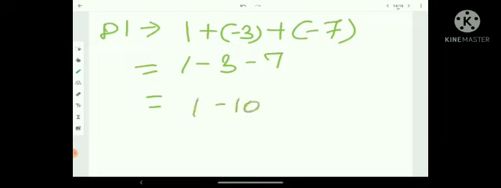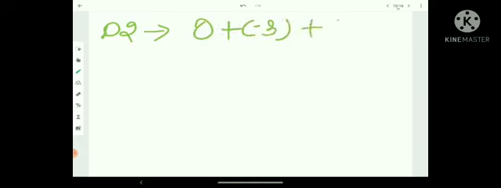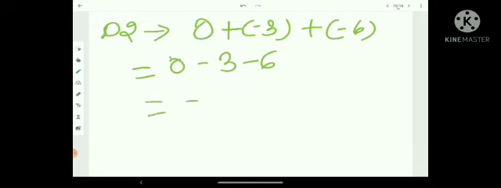So here it comes minus 9. So next diagonal 2. Diagonal 2, it is 0 plus minus 3 plus minus 6, isn't it? So 0 plus 0 minus 3 minus 6. So here don't consider this. So 6 3 9.